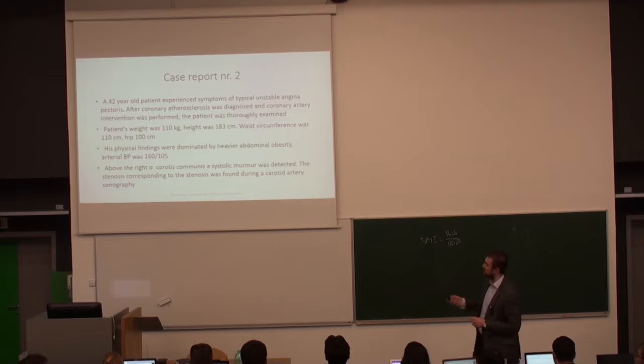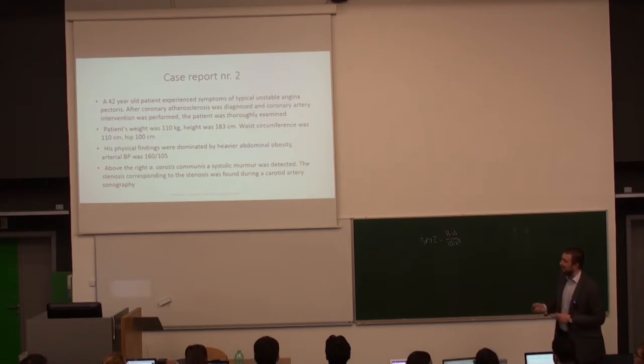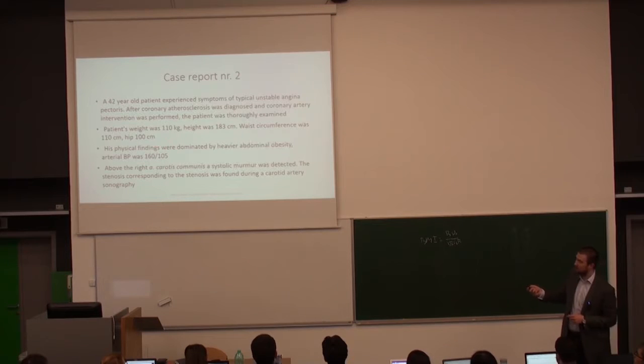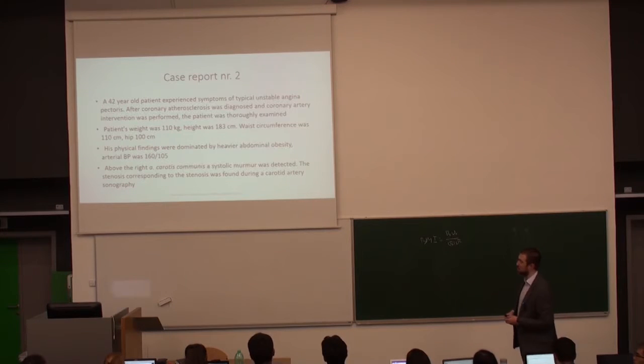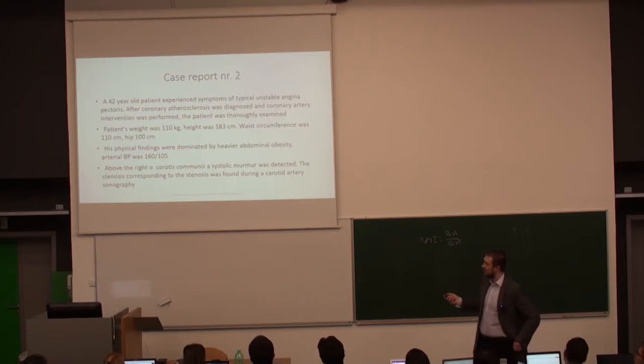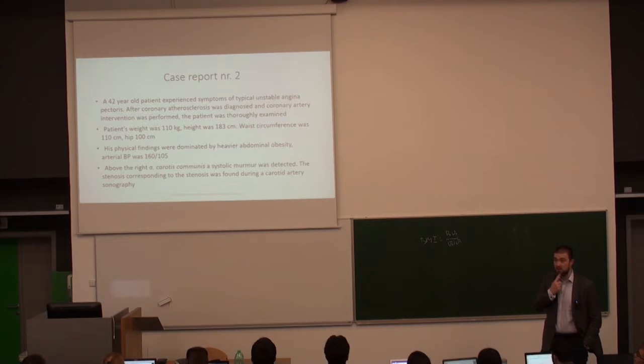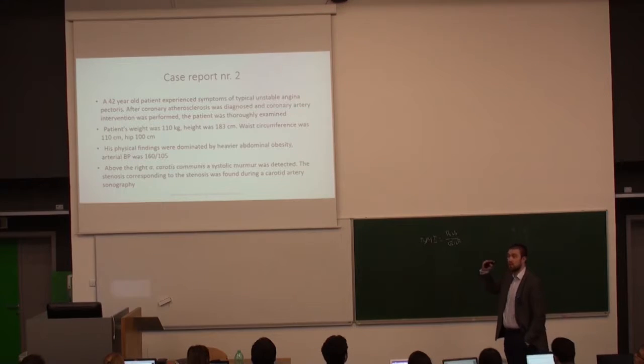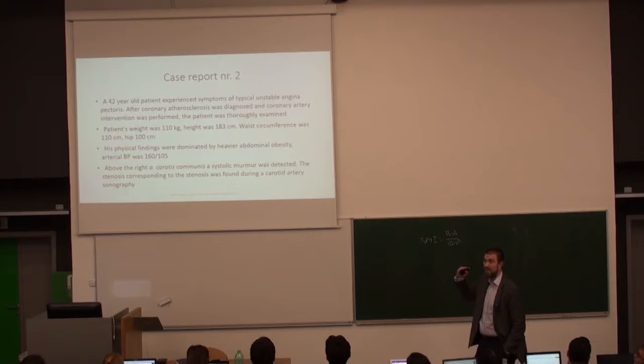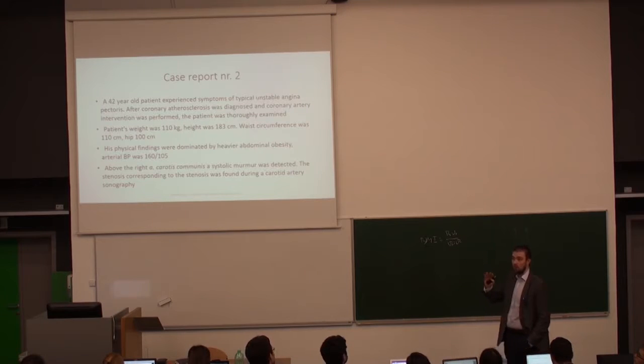So that's abdominal obesity, yes? Here you see the circumferences, so that's of course bigger than they should be. And arterial blood pressure here was 160 over 105. So that's much higher. The border is 140 over 90, and right now maybe even lower.